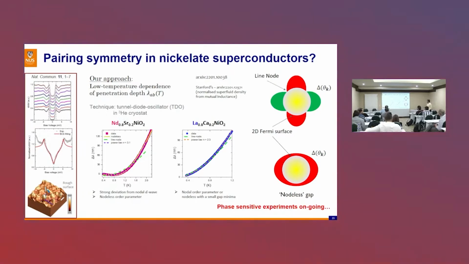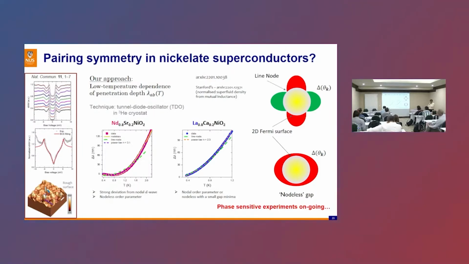Because of the limited samples, what we are able to do so far is London penetration depth measurement, which looks into the response of the sample as you apply a magnetic field. The resonance frequency of the LC circuit changes, and this change in resonance frequency is proportional to the change in penetration depth at very low temperature.